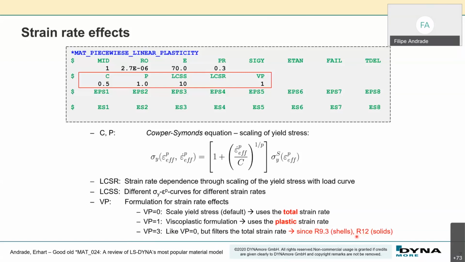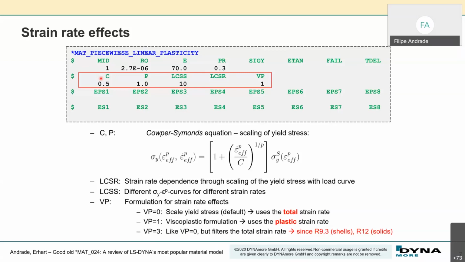Although I will not talk too much about this feature, for the filtering you have to set up this value here, C. And if you have VP3, this value C is no longer the Cowper-Symonds parameter C, but is the filter that you choose. It can be chosen between 0 and 1. Again, some customers are already using this feature.